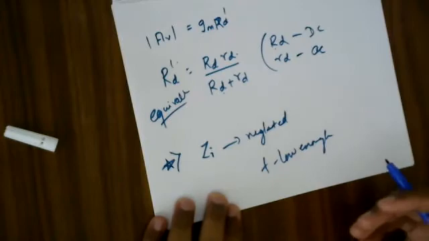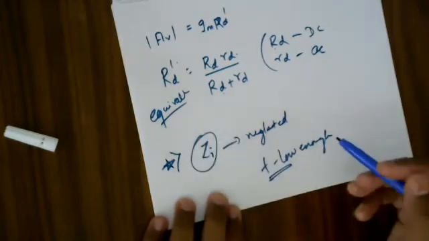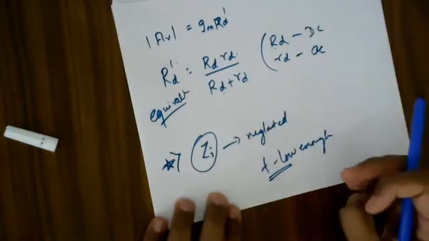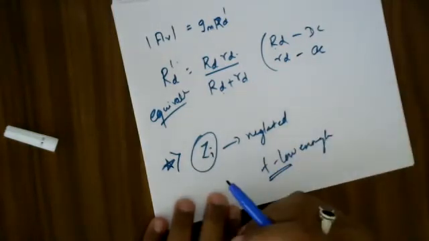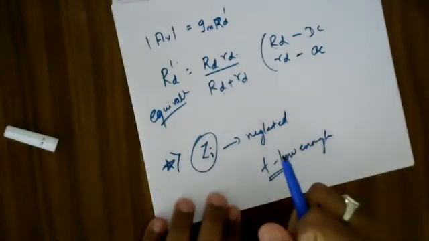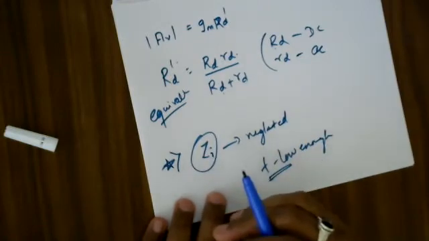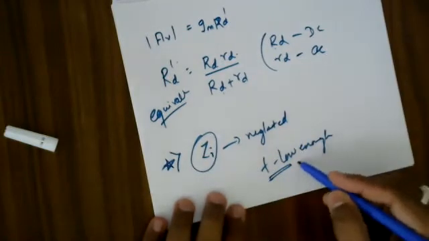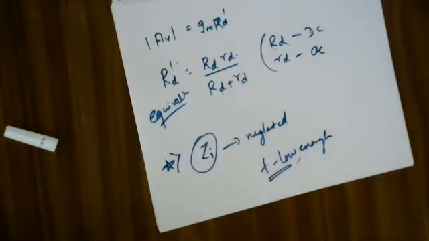Since we'll be operating at very low frequencies, I can ignore the input impedance; it will not create any impact on my circuit. Even the capacitive impedances can be neglected because we are operating at low frequencies.